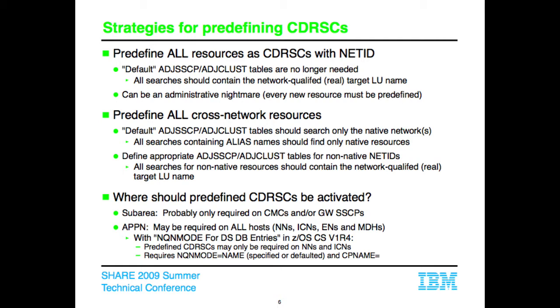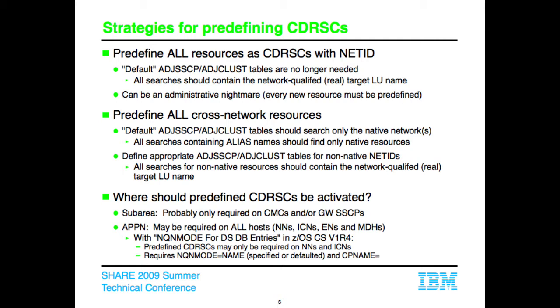So instead, the strategy that I suggest is that you predefine all the cross-domain resources that represent resources in other networks. So predefine all the cross-network resources and predefine them with a net ID. If you predefine all valid cross-domain network targets with a network-qualified cross-domain resource, then typically if you ever got an alias search in there, your tables could assume that the alias resource is always going to be found somewhere inside your network.